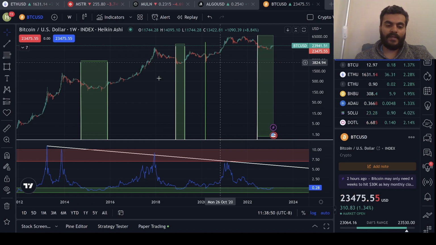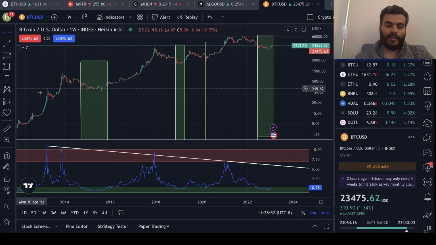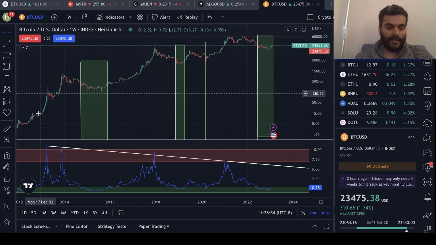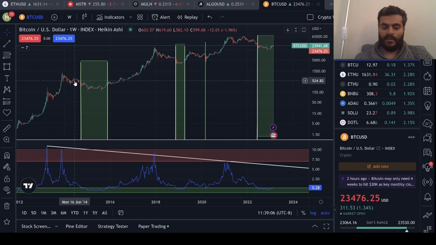For example, somebody might have bought Bitcoin in 2012 at $10, whereas the current price of Bitcoin, let's say at a point in time in 2014, might be $524, but the difference for that one particular Bitcoin would be 500 minus 10. So that is the actual realized price for buying that Bitcoin for that particular Bitcoin holder.